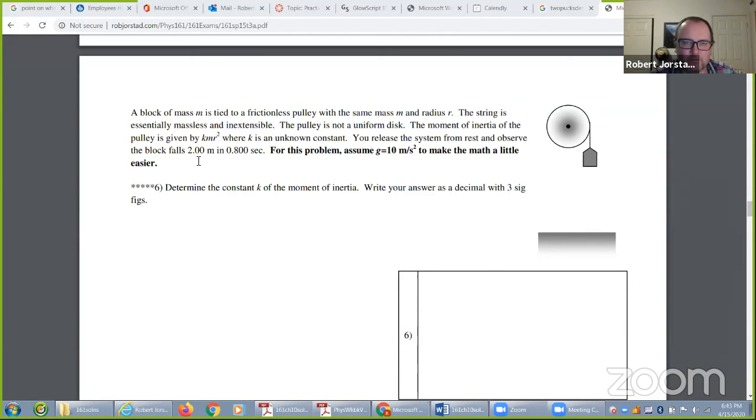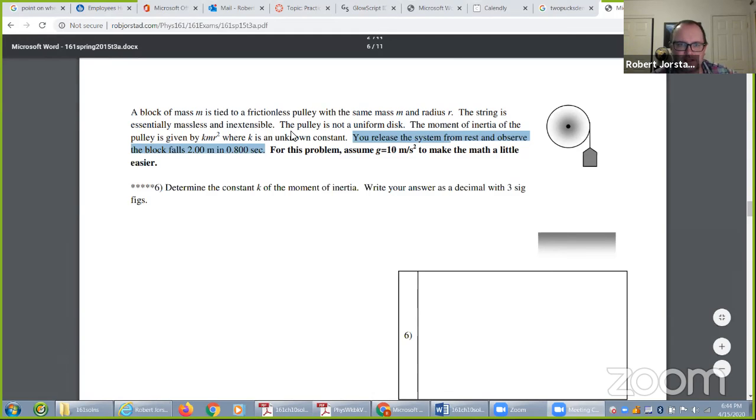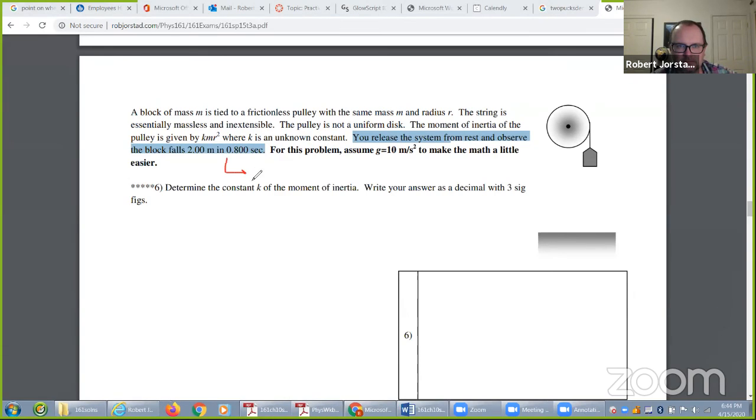All right. When I look at this one, look at that. This line says kinematics, right?